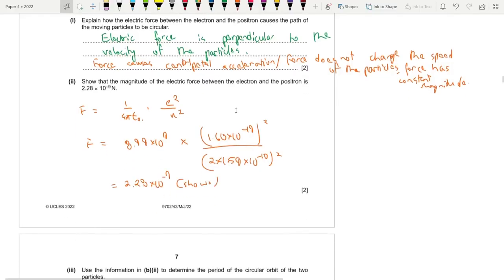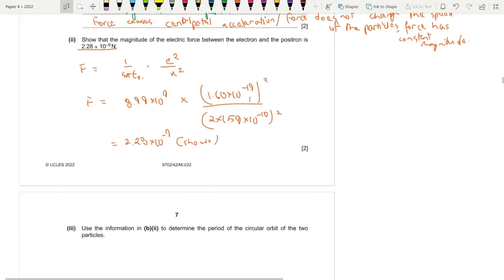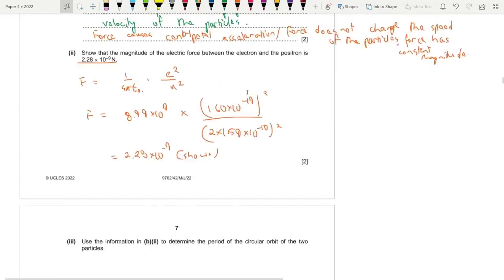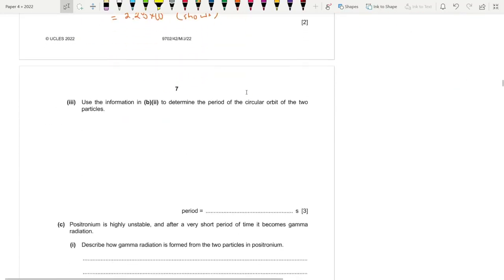Alright, great. So for show questions, we need to carry this forward. Use the information in B2 to determine the period of the circular orbit. So we know that the electric force provides the centripetal force, right? The centripetal force is m v squared by r or m omega square r.